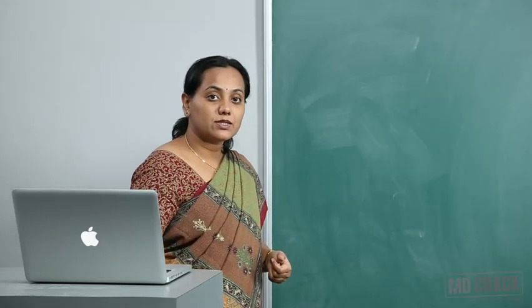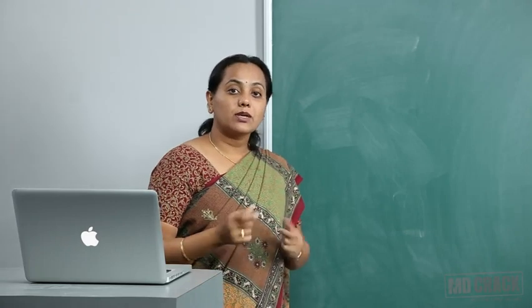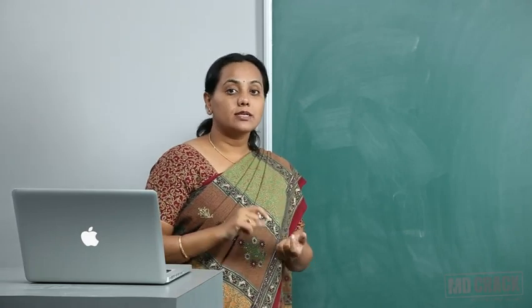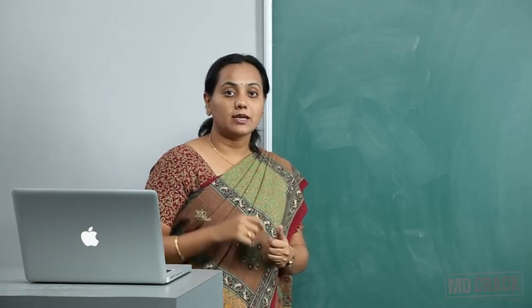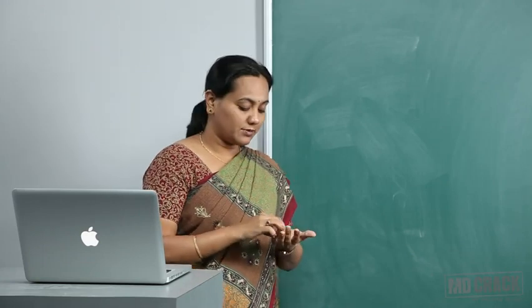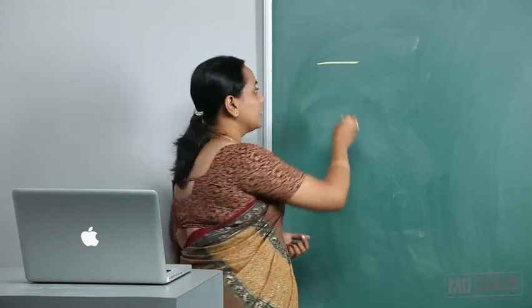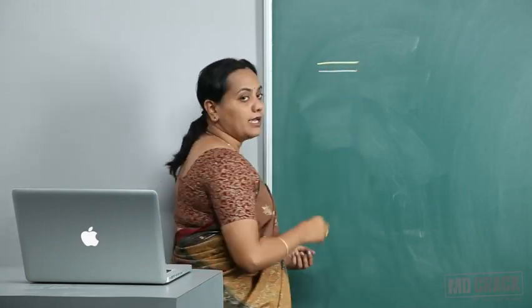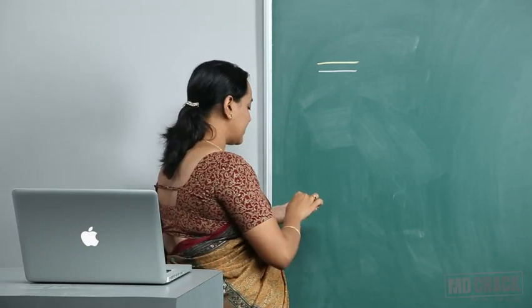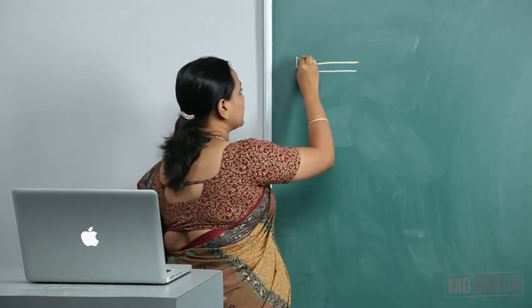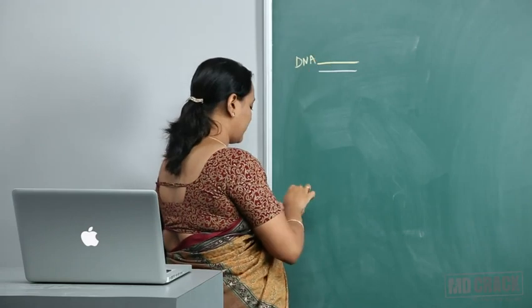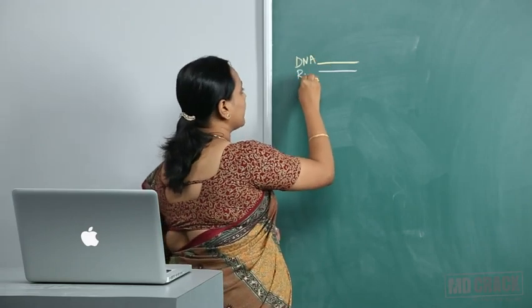A polymerase is something which polymerizes. Here, what is being polymerized? The deoxyribonucleotides. But primase uses DNA as a template but synthesizes RNA, instead of synthesizing DNA itself. So if this is the DNA, just for convenience, it will synthesize RNA.